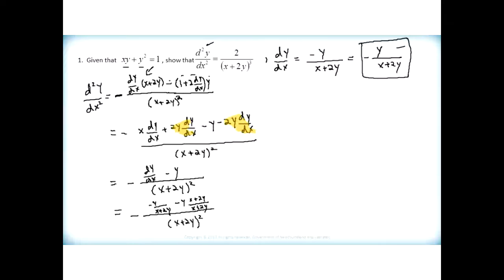So when we make the algebra happen with that part, we've got a negative outside of it. So I've got a common denominator, and my numerators for all of that will be negative y, and I'm going to have minus x times y, and then minus 2y squared, all over x plus 2y squared.